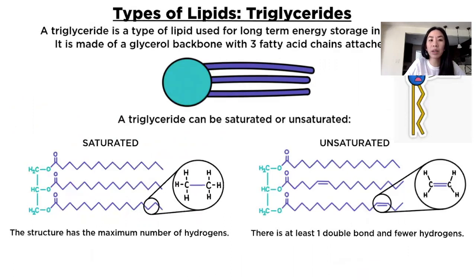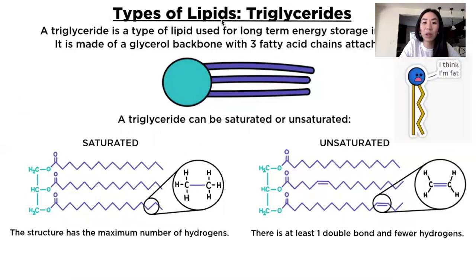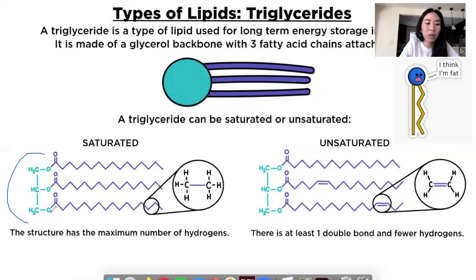A triglyceride is a type of lipid used for long-term energy storage in the body. It's made of a glycerol backbone with 3 fatty acid chains attached. I included this picture so that you could see this is a glycerol molecule, which is what's represented by this head. And then the fatty acid chains, you saw that before.